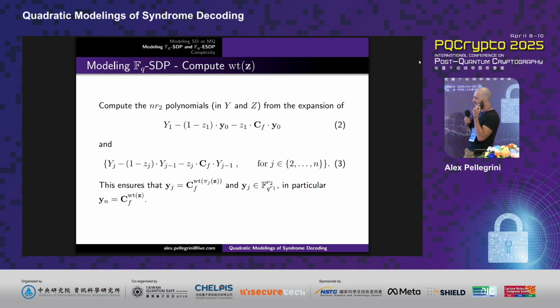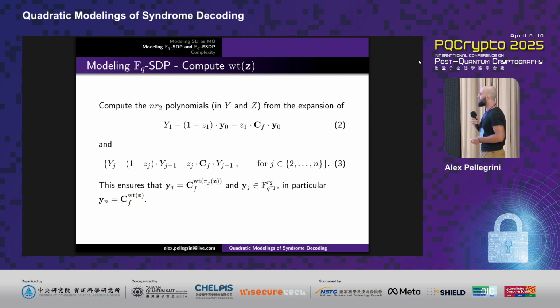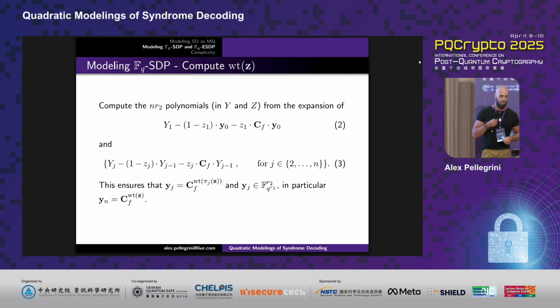This ensures that the jth part of the counter contains a state of the LFSR which depends on the weight of the Z part of the coordinates up to the jth coordinate. In particular, the last part, Yn, contains exactly the state of the LFSR which corresponds to the weight of Z.